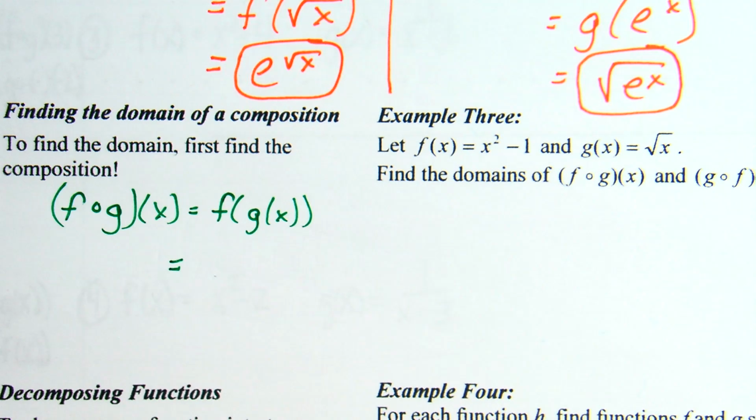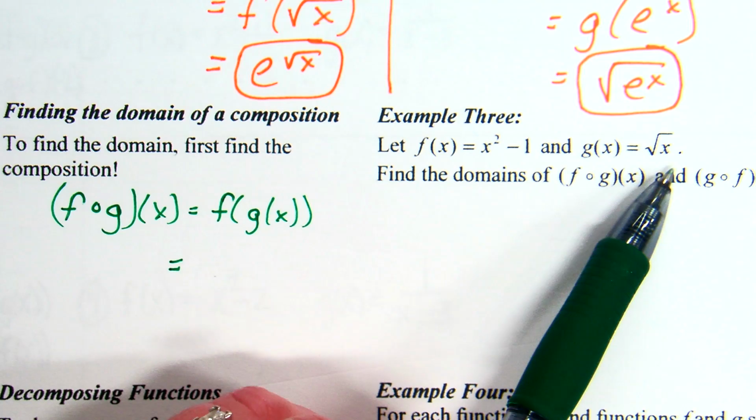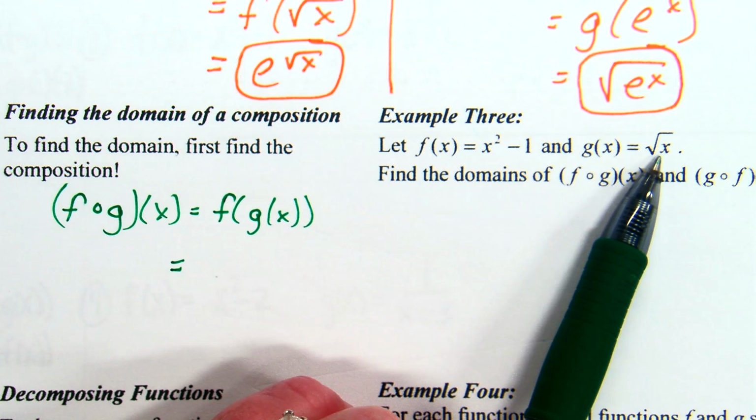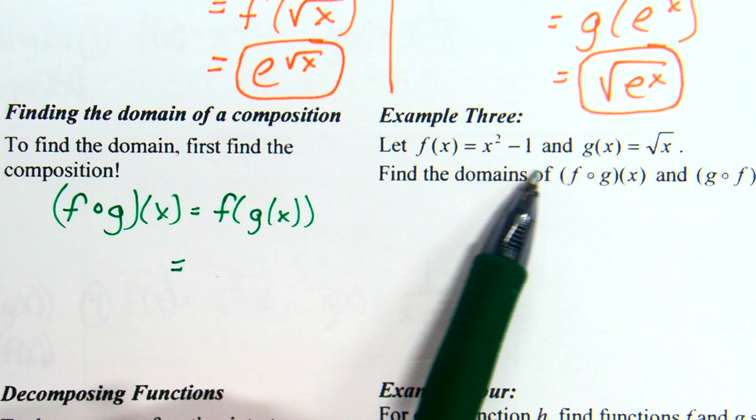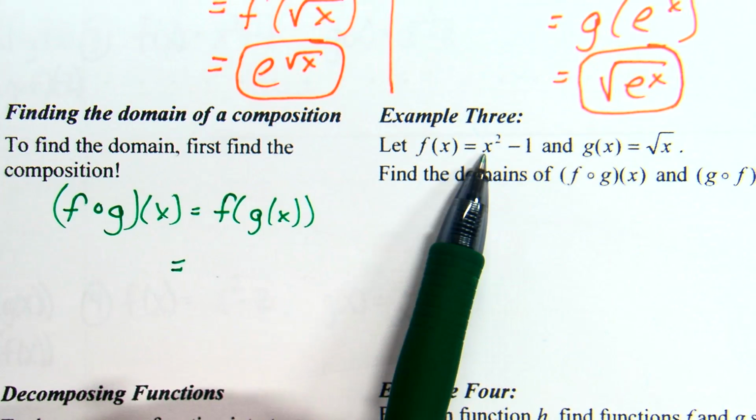Now, with that in mind, what is g? Square root of x. We're going to take that square root of x and put it into f. What does f tell me to do to x? It tells me to square it.